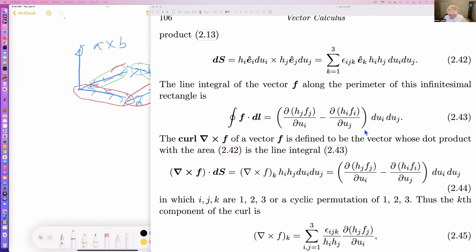You see you're going this way and then you're going that way, and so typically there's some cancellation there.